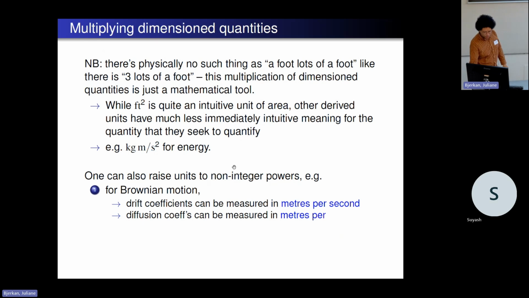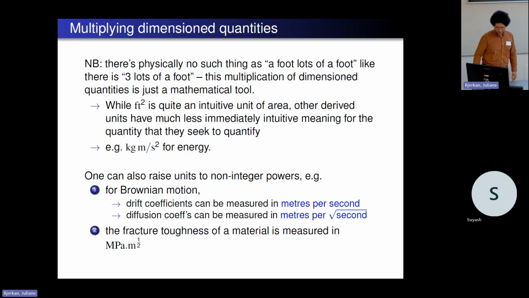But the diffusion coefficient, which would measure the rate at which your uncertainty of where you are grows, would be measured in meters per square root second. Now, again, the physical meaning of that is not necessarily immediately intuitive, but that's how you'd measure it. And then another example is that the fracture toughness of a material is typically measured in megapascals times square root meters.